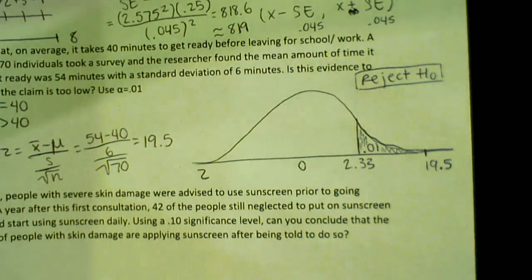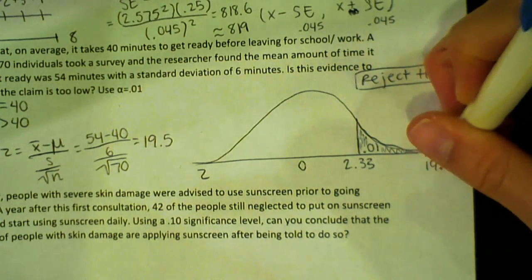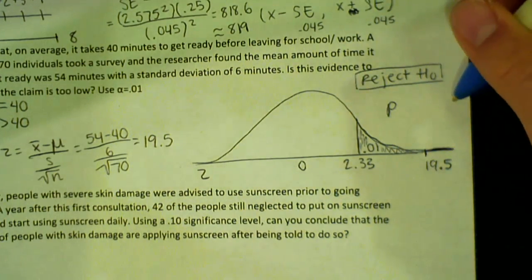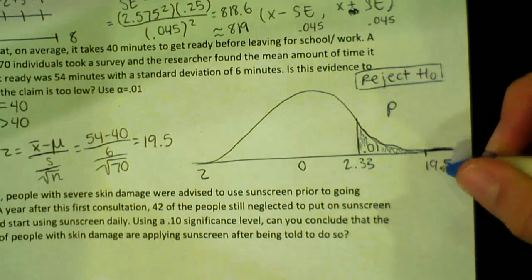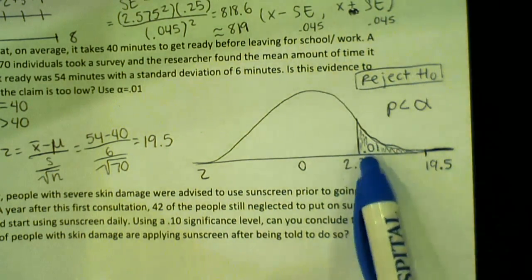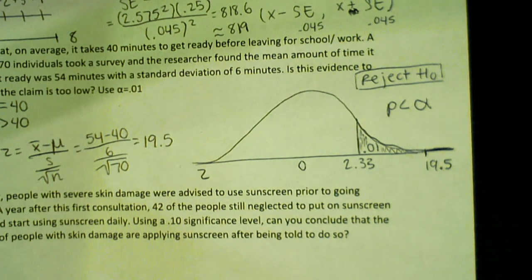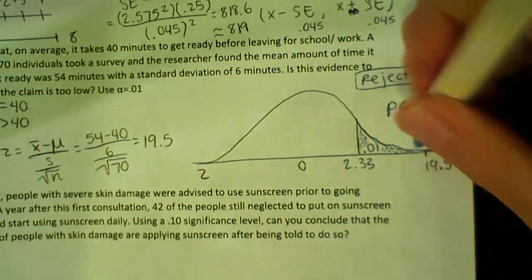Another way to see this is if the part from this 19.5 over represents P, the probability that we actually find a z-score of 19.5, it's much smaller than this alpha. If you tried to look this up on the z-table, you wouldn't be able to find it. It's so small. So that's another way that we show it rejecting H0.